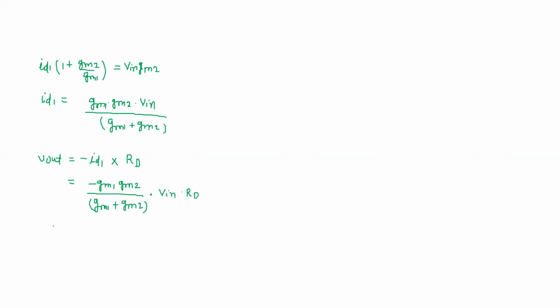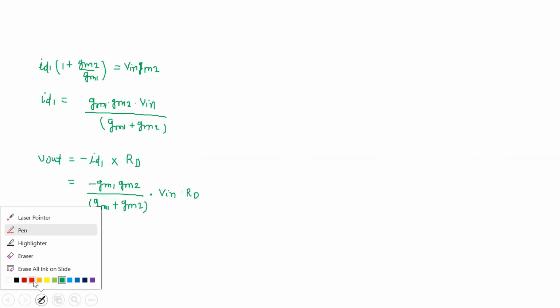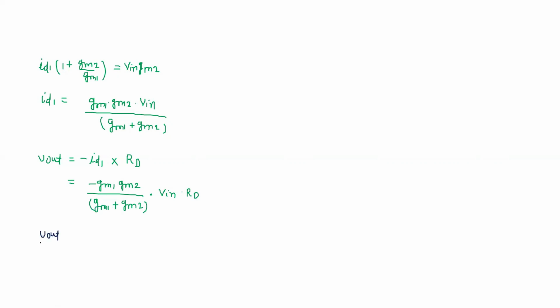So this Vin will go down and we will have the voltage gain expression Vout by Vin. This is the complete expression for voltage gain.